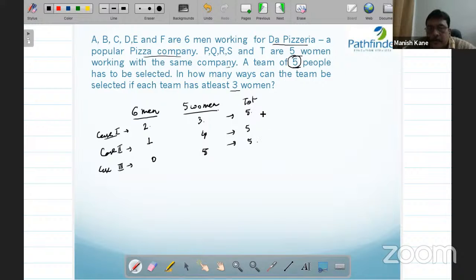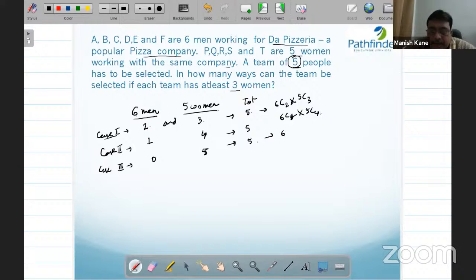Now, in how many ways can case 1 be there? What will be the answer for case 1? You have to select 2 out of 6 men and 3 out of 5 women. So you will do 6C2 multiplied by 5C3. Case 2, you have to do 6C1, 1 out of 6 and 4 women out of 5 into 5C4.